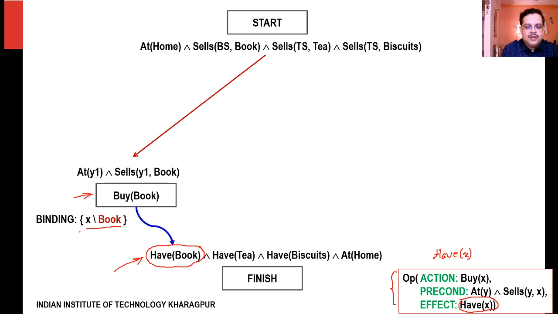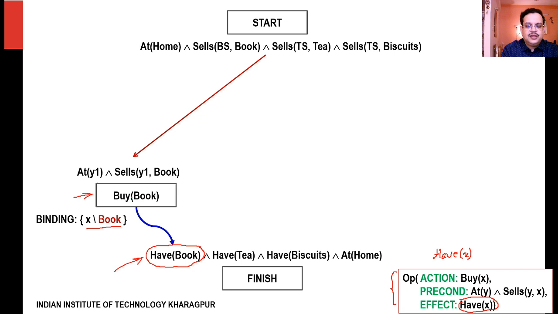So now in my set of bindings I have added that this x corresponding to this action will be bound to book. It's like parameter passing to a function. It's like you have a parameterized action, and because you want have book, you instantiate the parameter x to book, and that is the argument that is used here.